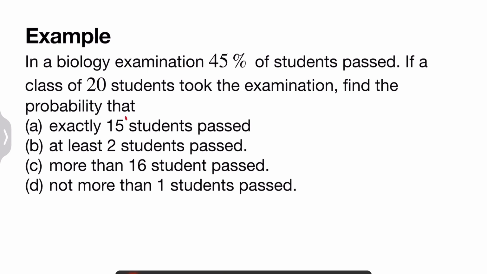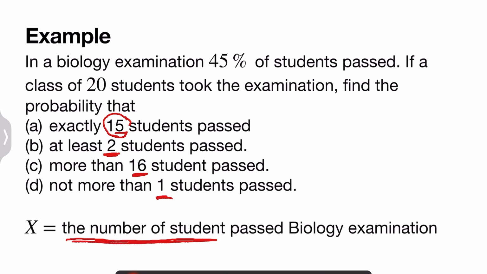Look at the numbers. Random variable, it could be any number. That's why the name is random variable. Apa yang selalu berubah ni? 15, 2, nombor yang sentiasa berubah, 16, 1. Kita generalkan semua sekali dengan X, which is the number of students who pass the biology exam.